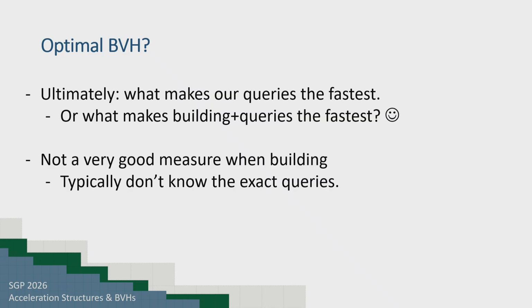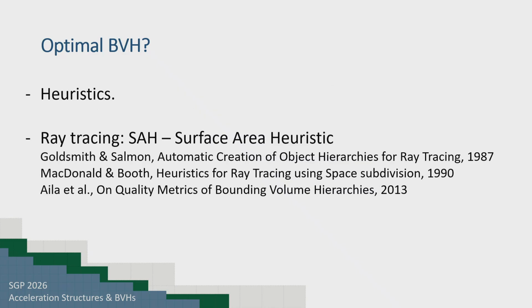But neither of those is a very good measure when you're building these things, because you typically don't know the exact queries you're going to make. So you have to have something that you can use during the builds. One thing that we rely on here are heuristics. For ray tracing, the most common thing is the surface area heuristic. It's been around for a while.